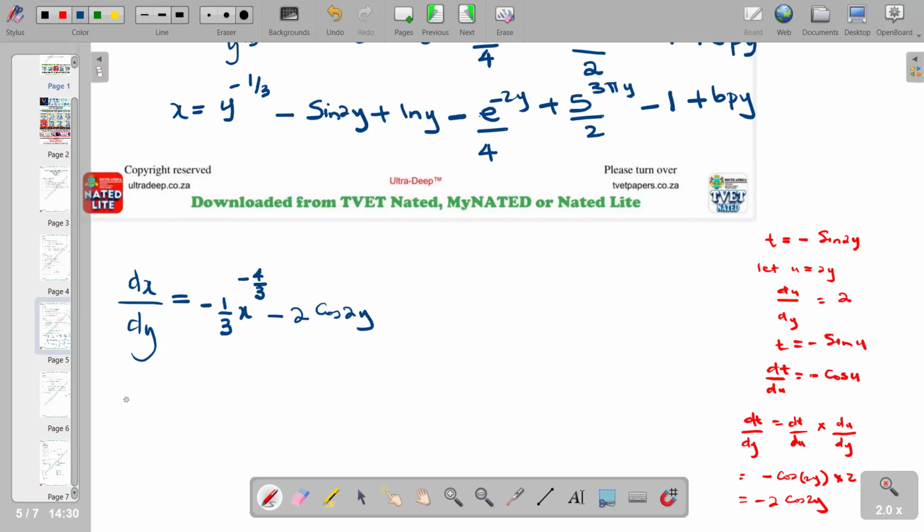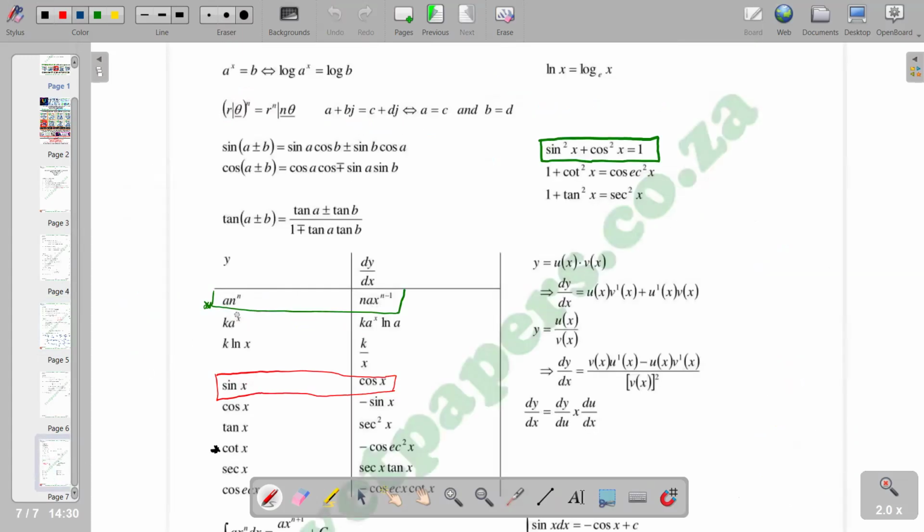We are having ln y. There it is. If you are differentiating k ln x, it's going to be k over x.